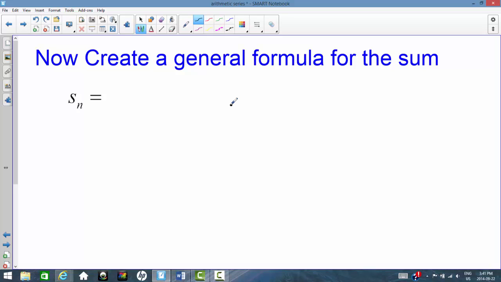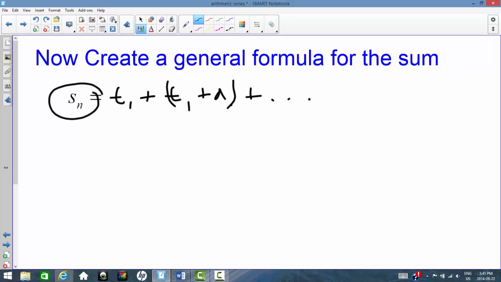So if we have the sum of a series with n terms in it, we start with the first term, then it's the second term, which is the first term plus the common difference, and so on until we get to the very end, which is again the first term plus n minus 1 times the common difference.